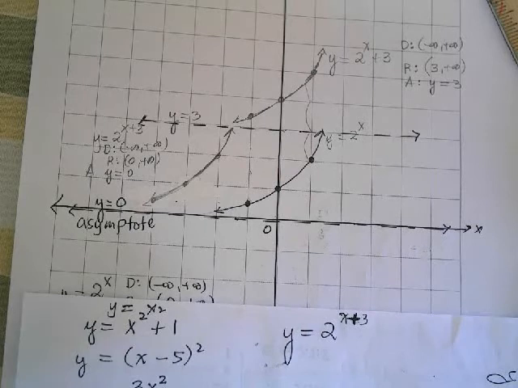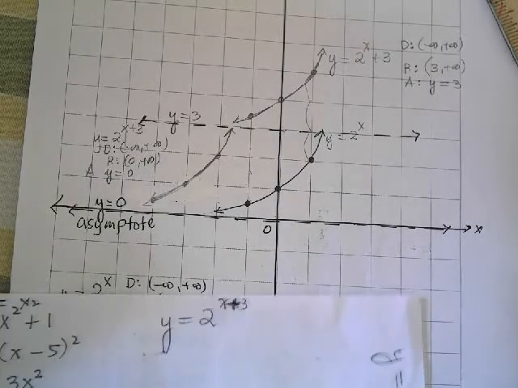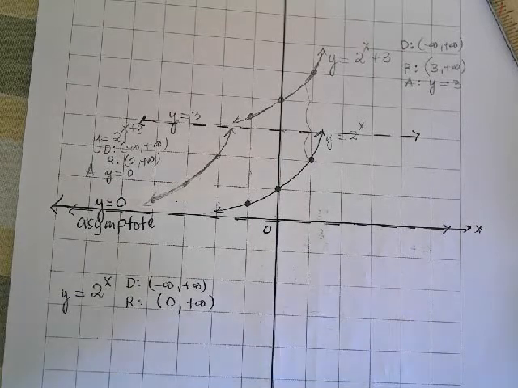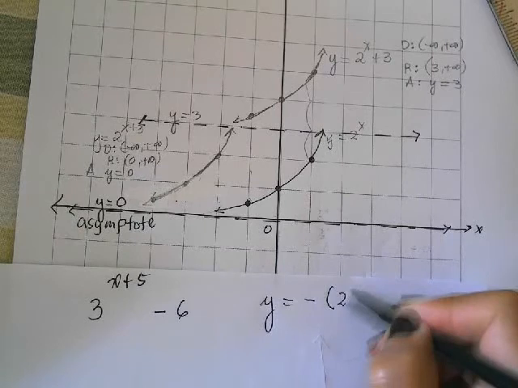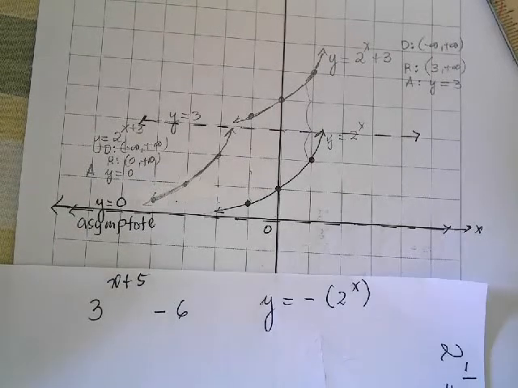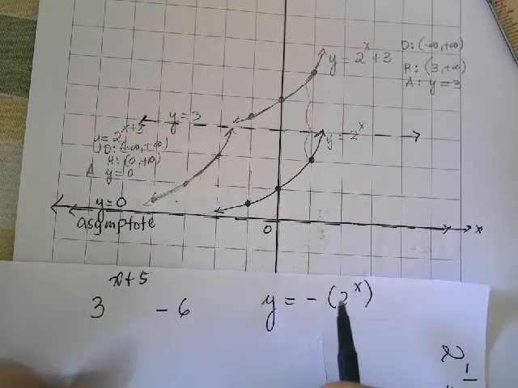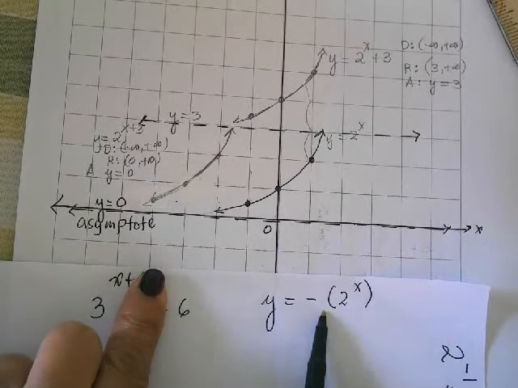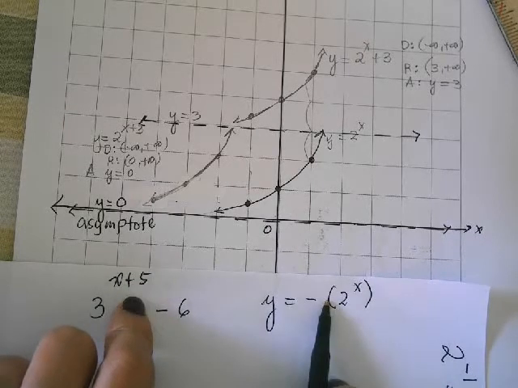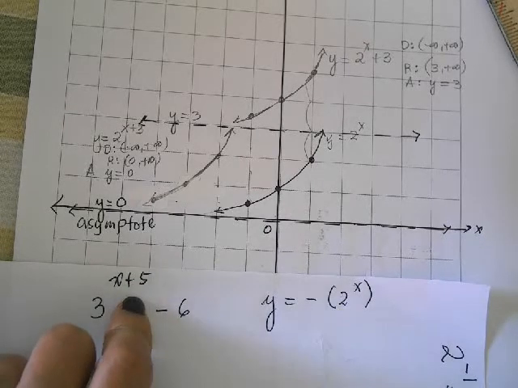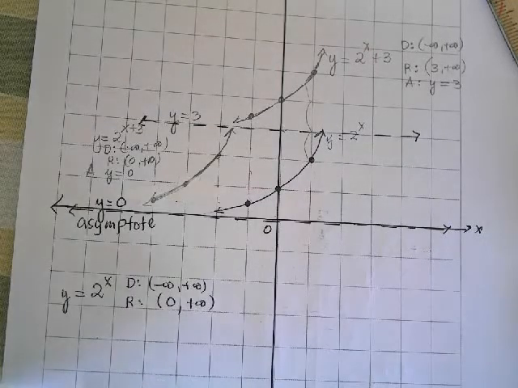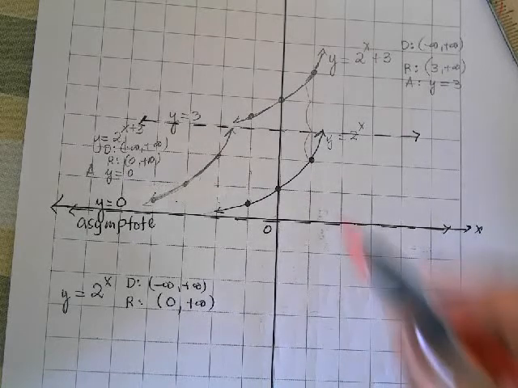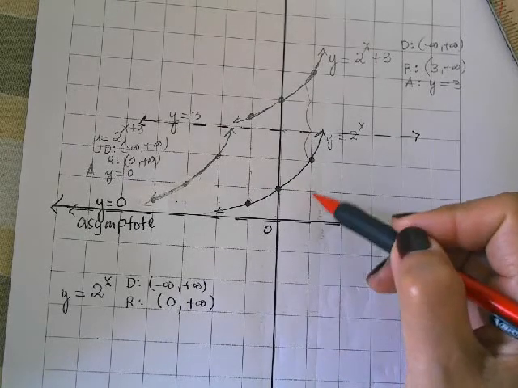Okay, and let's go to the next in our list. What about if we now have negative 2 to the x? So we said that this one here is going to reflect across the y-axis. So let's reflect our parent graph across the y-axis, a mirror image.